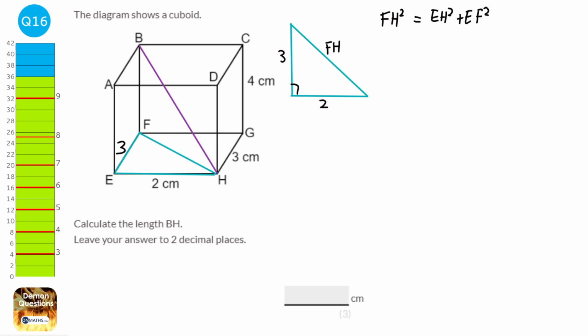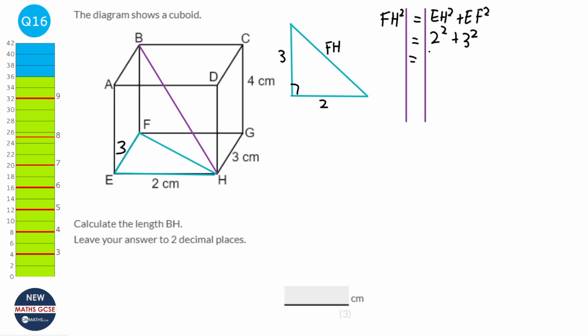Let's get our little tram lines in. EH squared, that's just 2 squared, plus 3 squared, that's going to be 13. Square root both sides to find out what FH is. And square root of 13 is 3.605, blah, blah, blah. You could leave it as square root 13.